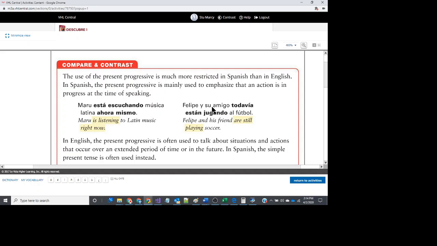Felipe y su amigo, Felipe and his friend, todavía están jugando, are still playing. They're playing still. This is in progress. It's happening right now. By the way, notice that we put are still playing. Look at the word order here. Still are playing. You never want to break up verb combinations, okay?